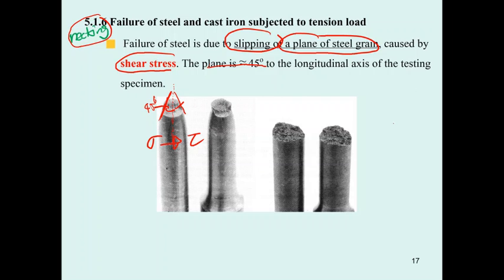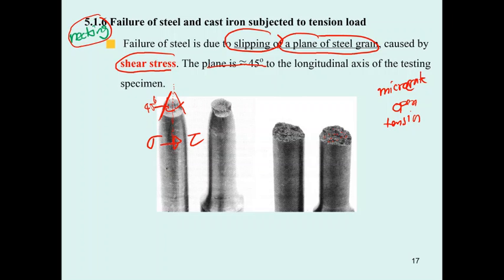However, the cast iron has some carbon inside it, and at the contact points between the carbon and the iron there are what are called micro cracks. Okay, and the micro cracks will open when subjected to tension.